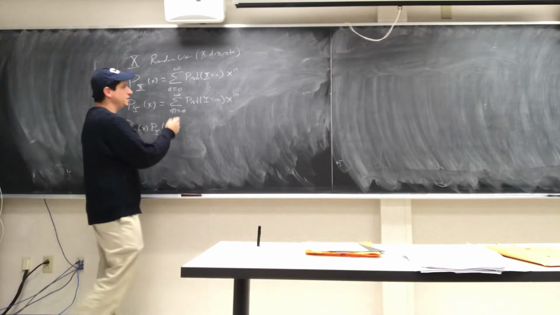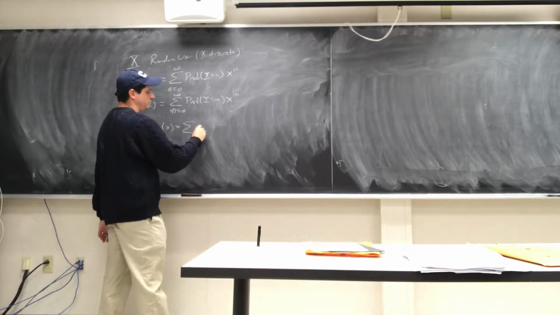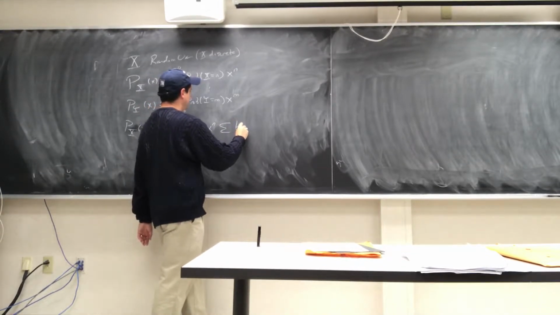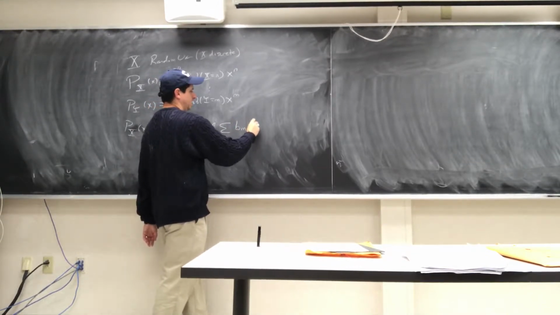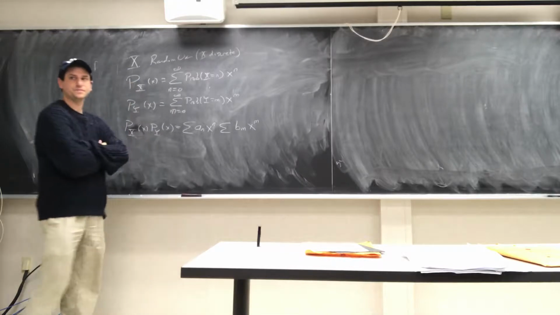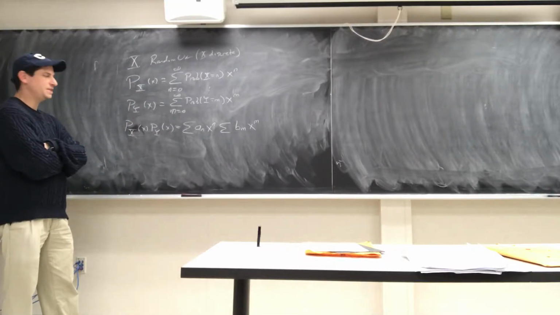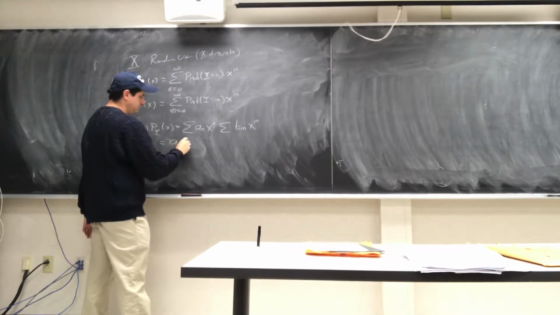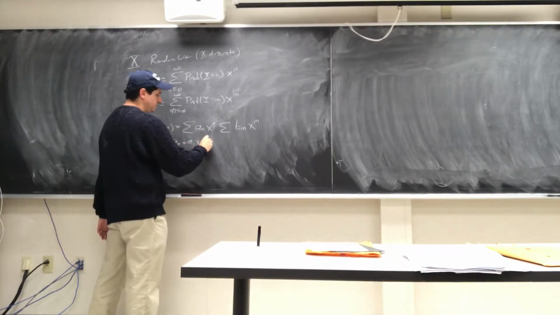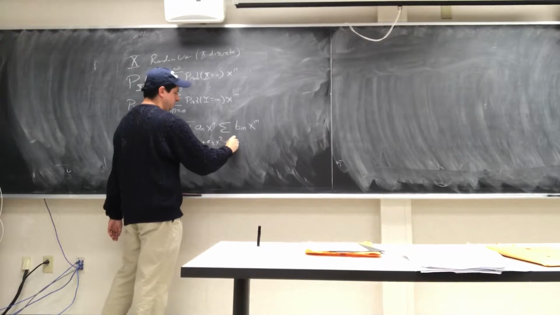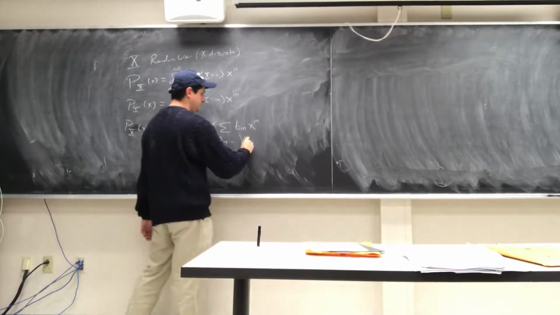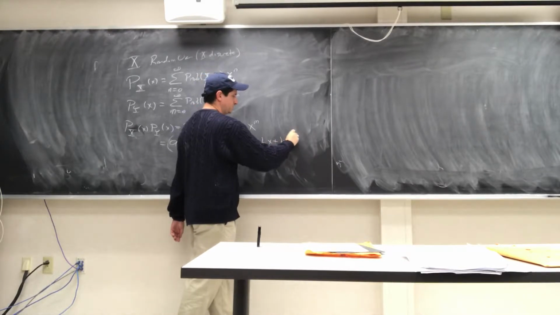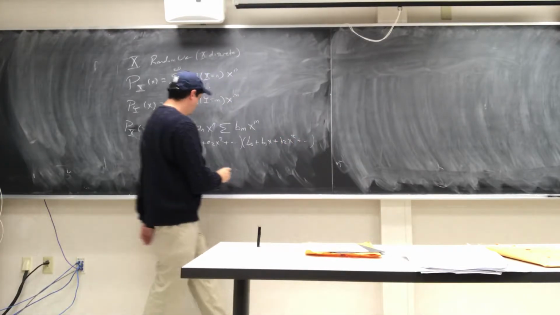So I'm going to have to multiply everything out. Let's just call the first one a_n x to the n, and the second one b_m x to the m. And I want to multiply them out. If you want to write it the long way, it's a0 plus a1x plus a2x squared plus dot dot dot, times b0 plus b1x plus b2x squared plus dot dot dot.